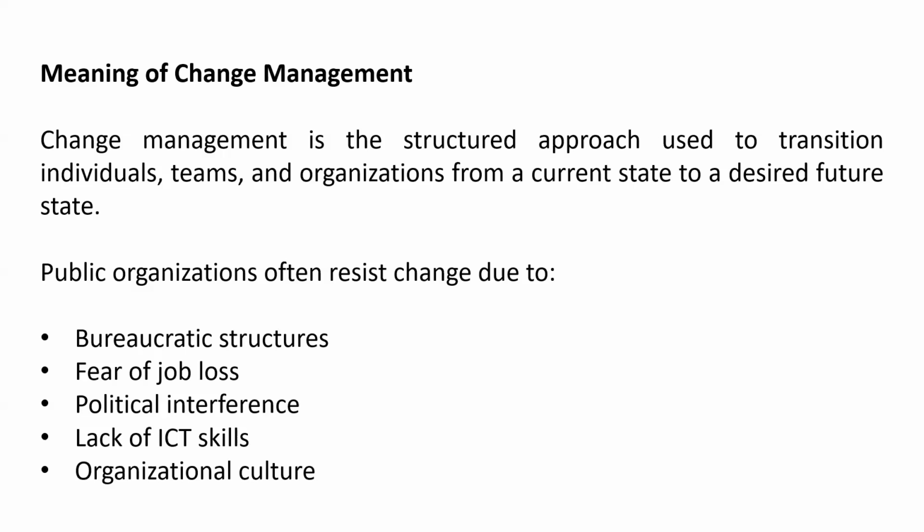So a public organization will need change management because people resist change. There are bureaucratic structures, and they are used to a particular way of doing things. Some of them will also resist because they are afraid that they may lose their job. And of course, in this part of the world, you cannot take away political interference.